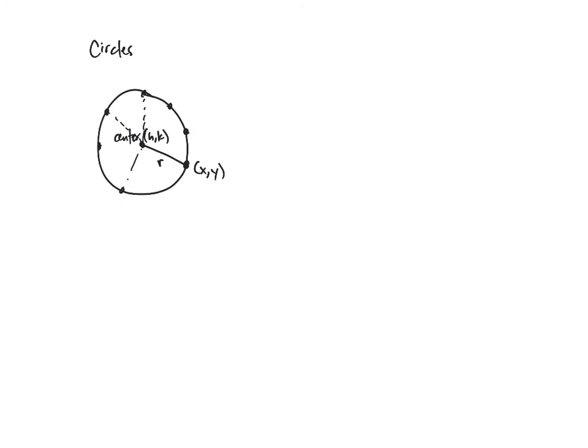Using the distance formula, we know that the radius is the square root of x minus h squared plus y minus k squared. That's the distance formula from the center, which is (h, k), to any point on the circle, which we could generalize as (x, y). So this is an equation for the radius.